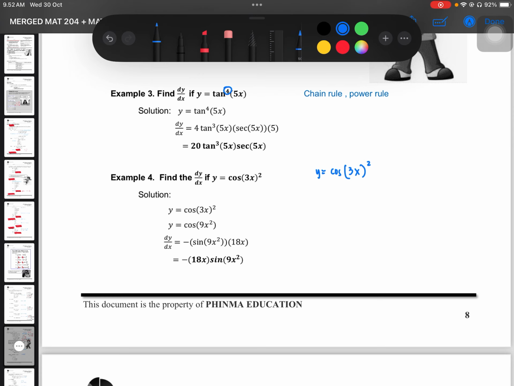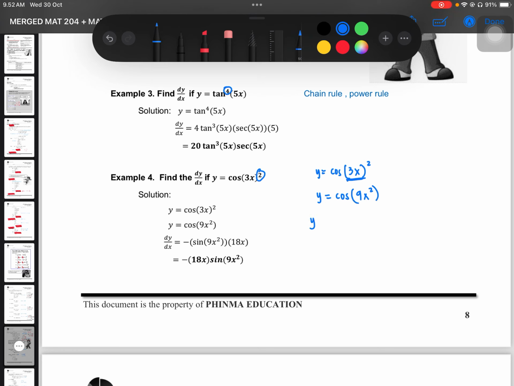Pero kung ang iyong exponent ay nandito sa labas ng u or ng x, ibig sabihin, ang kailangan mong i-expand is ito. Okay, yung nasa loob or yung nasa parenthesis. So, ibig sabihin, by expanding this, we have y is equal to cosine 3 squared is 9, and then x squared is x squared. Then, tsaka ka pala ngayon magpo-proceed to getting the derivative.